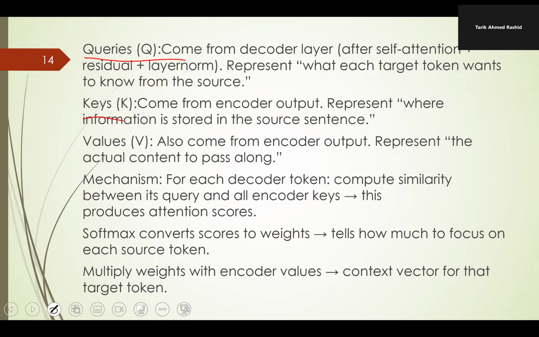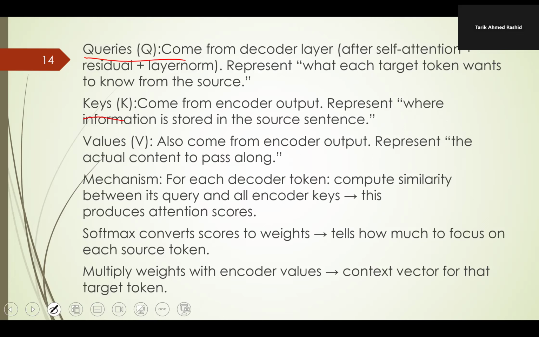The values also come from the encoder output, which represents the actual content to send to the decoder. So that's the mechanism: each decoder token computes similarity between its query and all encoder keys.